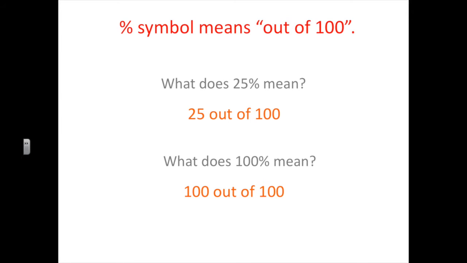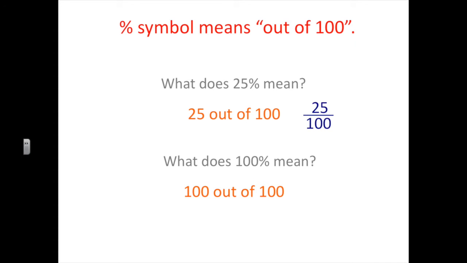Now let's take a look at that 25 out of 100 listed first. That should sound pretty familiar to you because we know how to write that as a fraction, right? We could write 25 out of 100 like this, with 25 in the numerator and 100 in the denominator. So let's take a look at the next one, 100 out of 100.